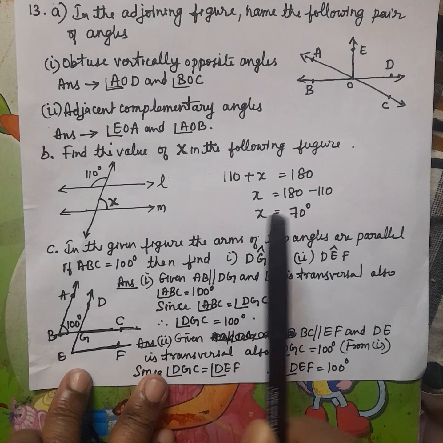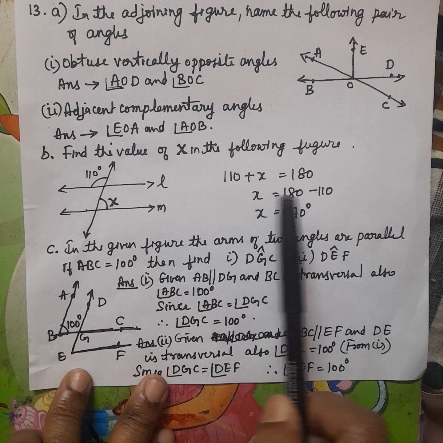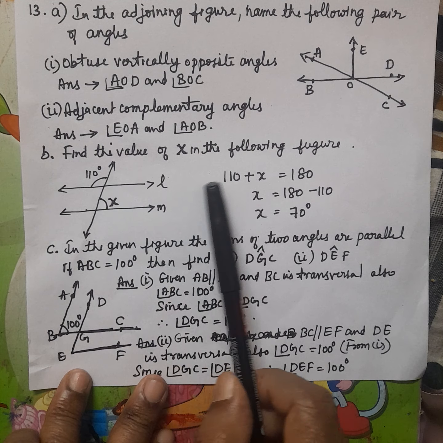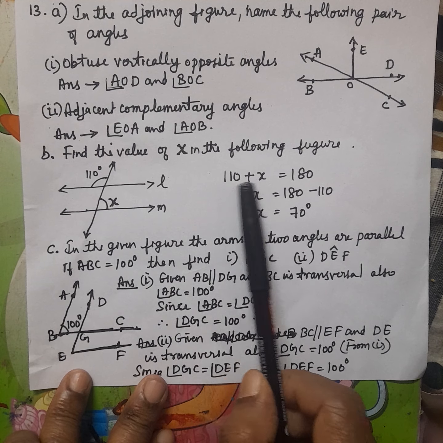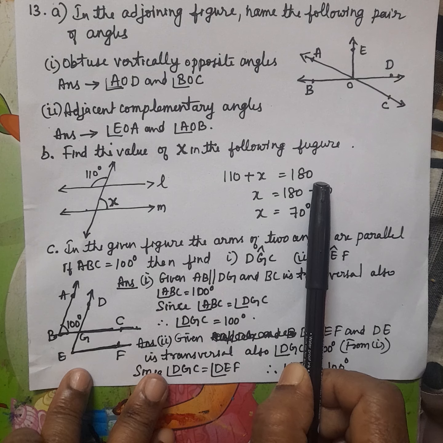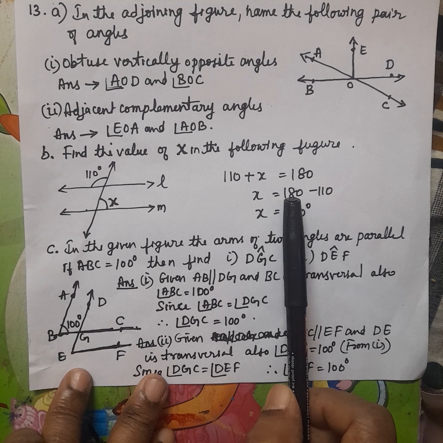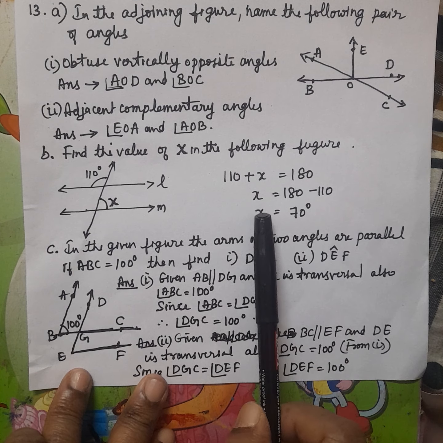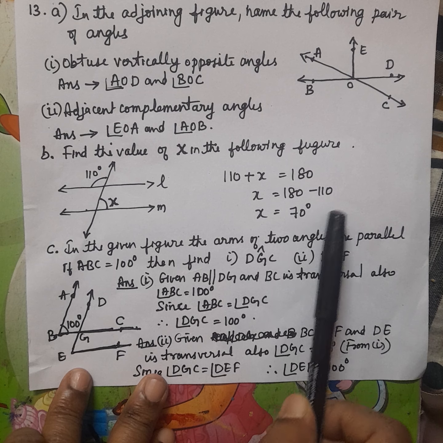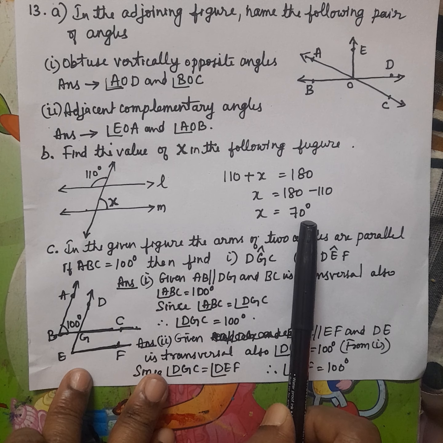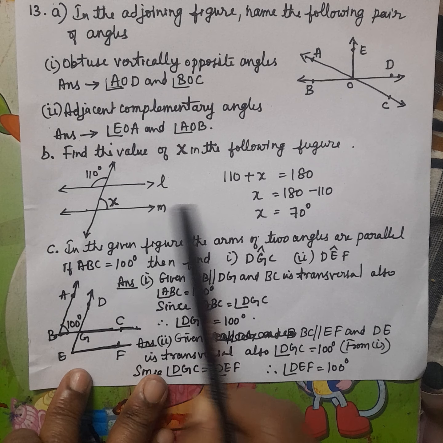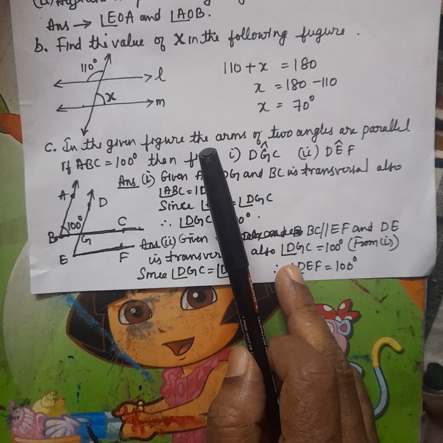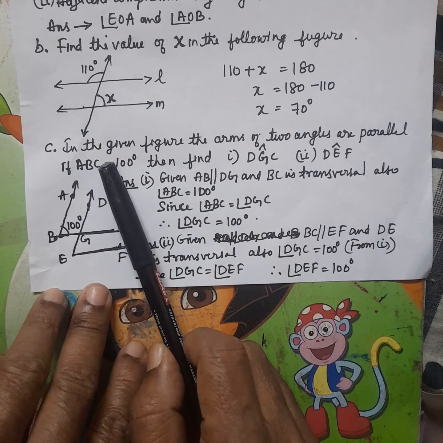So you just make an equation, 110 plus x is equal to 180 degrees. So x is equal to 180 minus 110, which is equal to 70. So 70 is the angle of this x. 70 is the answer.